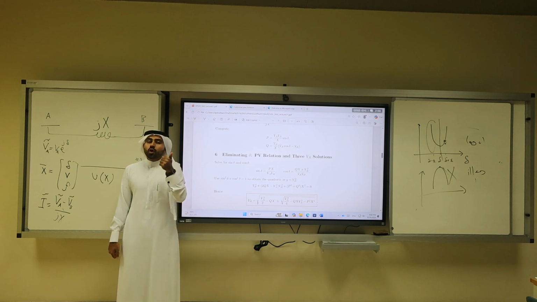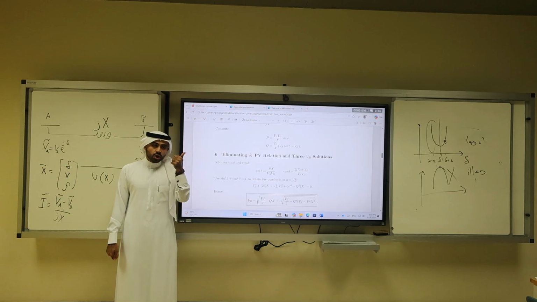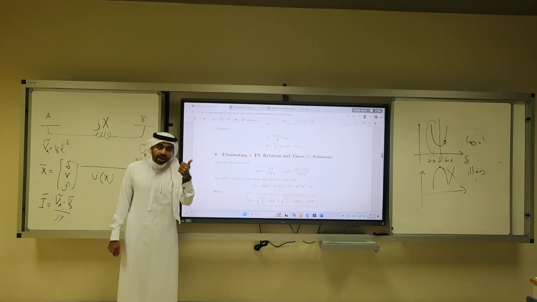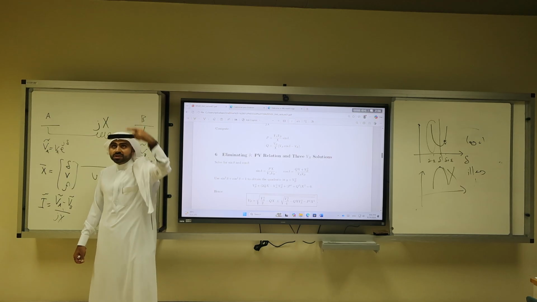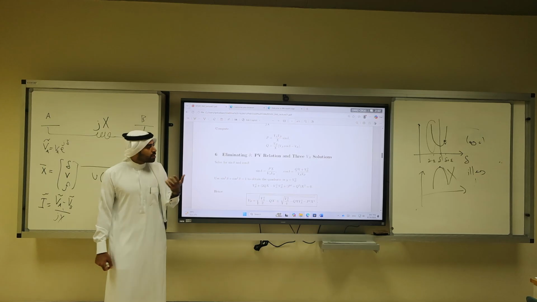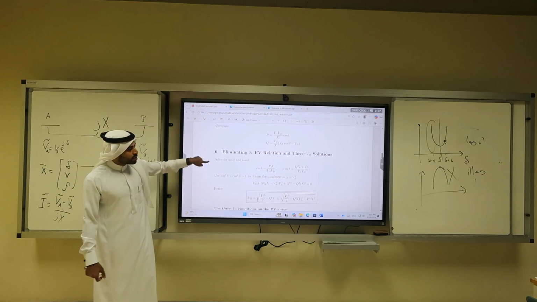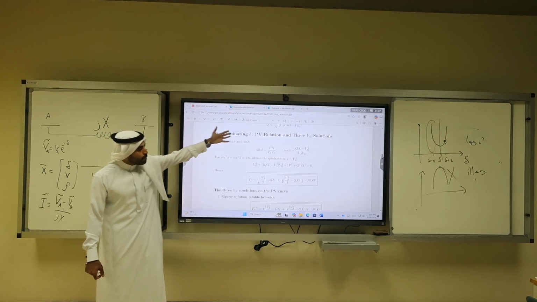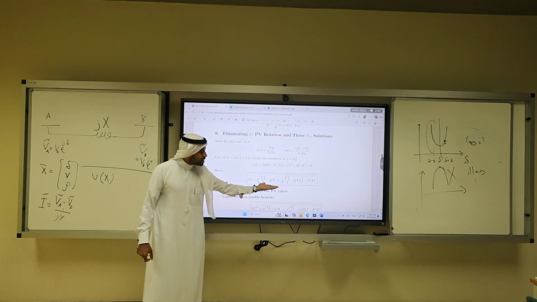Remember, delta is the torque angle of the generator. To measure the torque angle of the generator, you really need optical sensors to see the angle of the rotor, but sometimes this is not feasible. So let's eliminate delta, do some math. Math is hard. We get this equation.